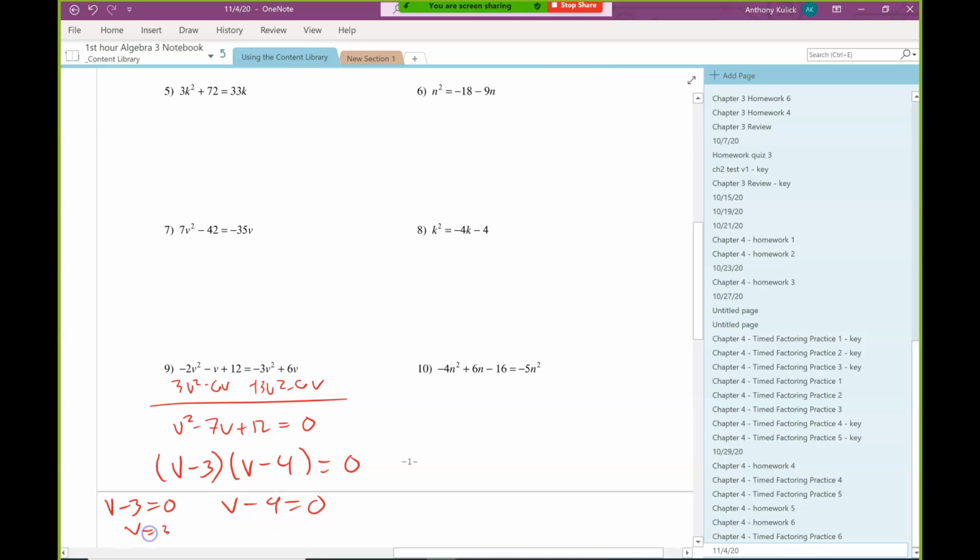So when I add 3 to both sides, I get v equals 3. When I add 4 to both sides, I get v equals 4. So those are my two solutions. Does that feel okay, Megan? Good.